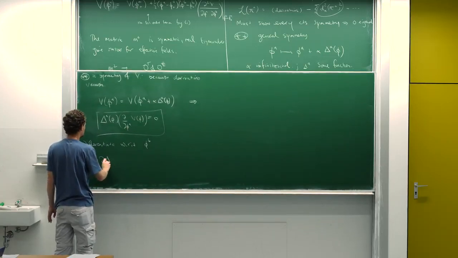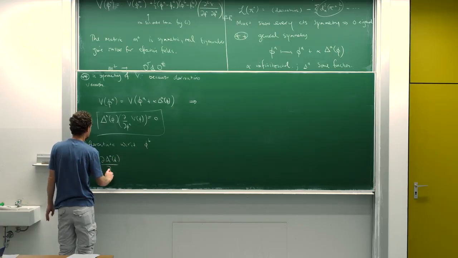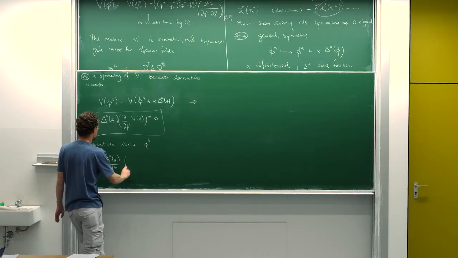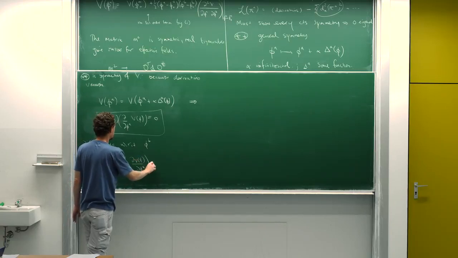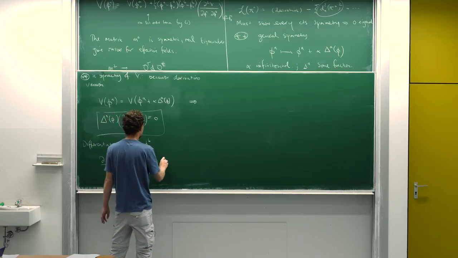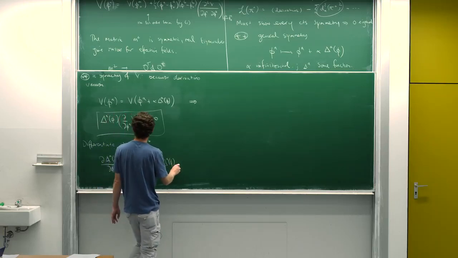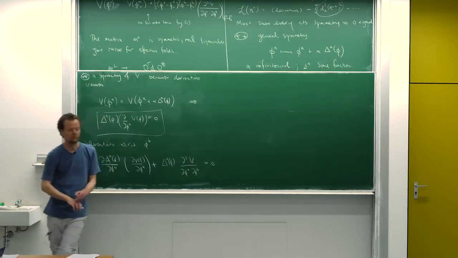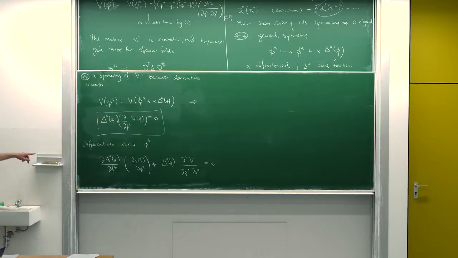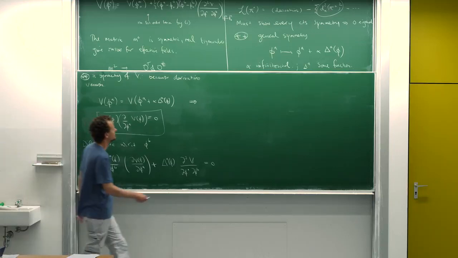So we get, and we end up with that expression once we differentiate with respect to phi b for all b. There's no summation convention in place for the b, only for the a.